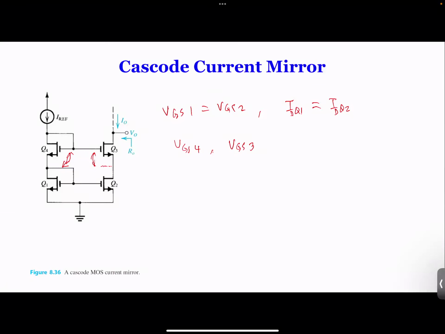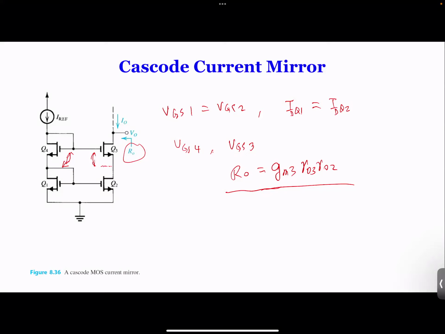So the question is, why would you do this? Well, the idea is that the output resistance here is what we got before: gm3 times ro3 times ro2. Because this increases the output resistance, we can use it as a load, and if we use this as a load, you can dramatically increase your gain.